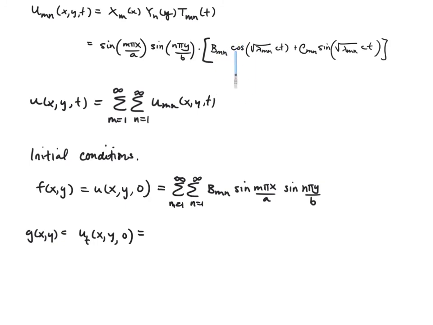So the cos is going to turn into a minus sine, the sine will turn into a cos up here, and the chain rule is going to give me the root lambda_mn c term popping out. All right, so I would get the sum m equals 1 to infinity, the sum n equals 1 to infinity, sine(m pi x over a), sine(n pi y over b).